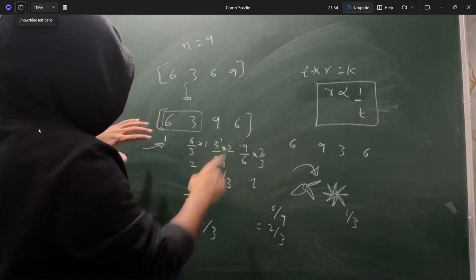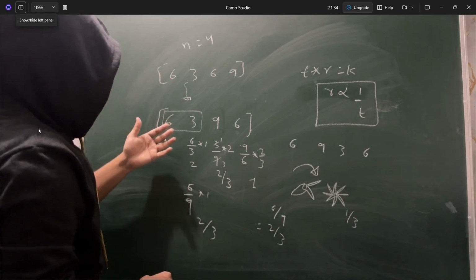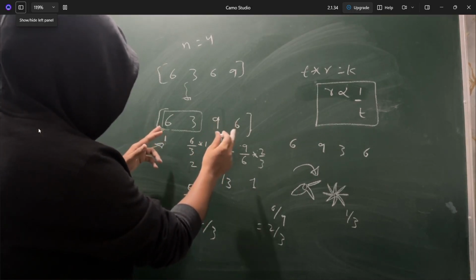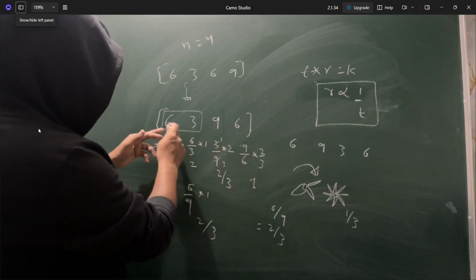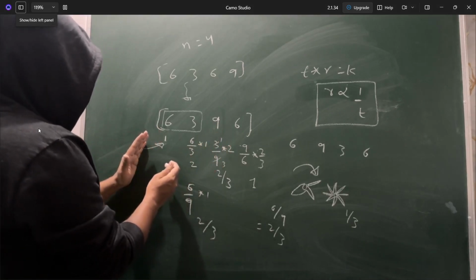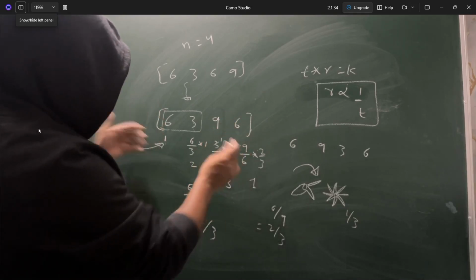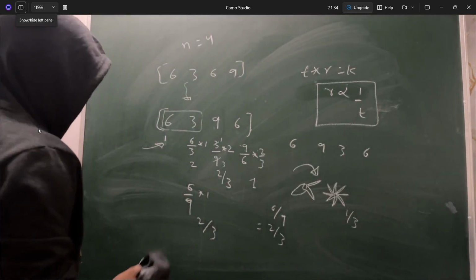I think you guys are getting it. So in this problem, the main thing is that if you find gears which have at least two same numbers of teeth, those can be placed at the left hand and right hand, and those two will be rotating at the same speed. So that was it for this problem.